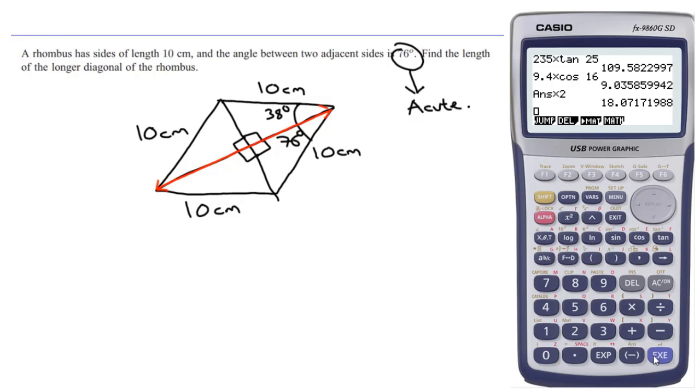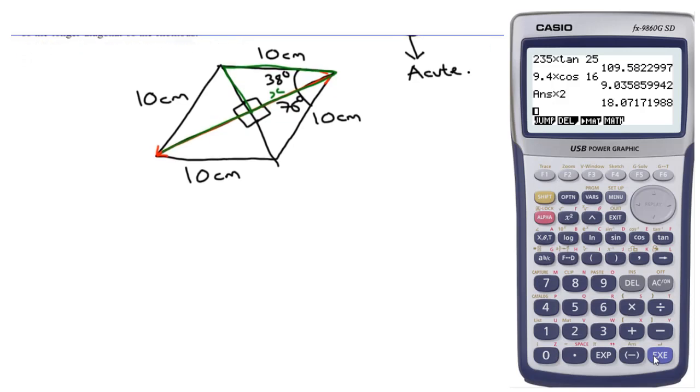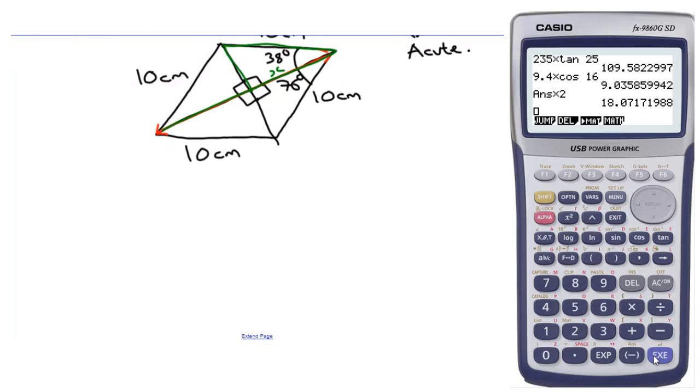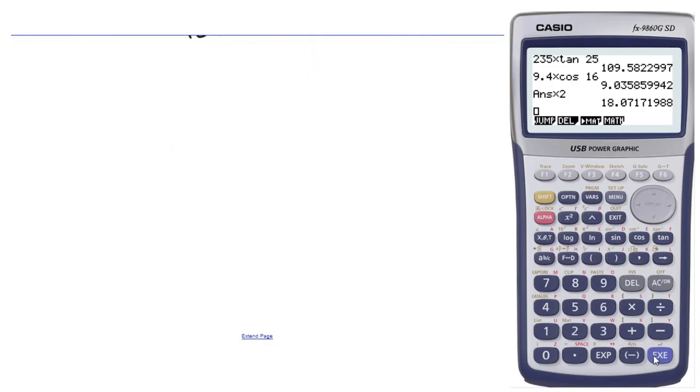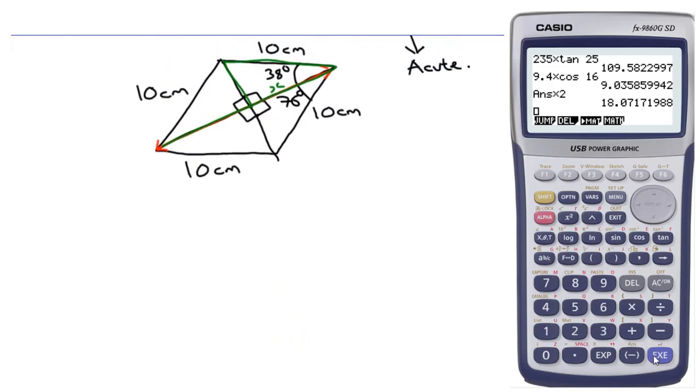So I can take one of these triangles, say this triangle here, and that would give me x. And then if I multiply it by 2, I will get my 2x. And what I'm going to do is good practice right at the bottom. Before I do anything else, I am going to write 2x equals, and that's going to be a reminder just in case I forget to do it.